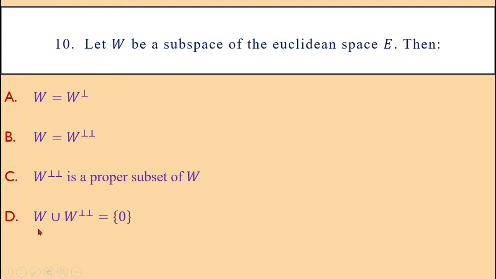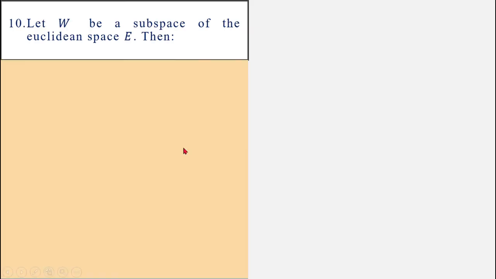D is not correct, it is just by observation. A is also not correct because not every subspace can be equal to its orthogonal. So there is only a possibility among B and C.